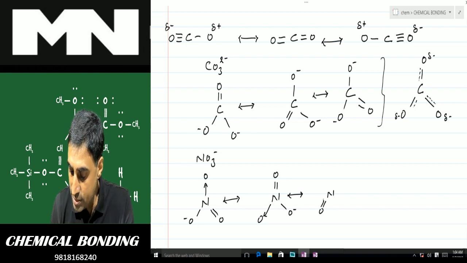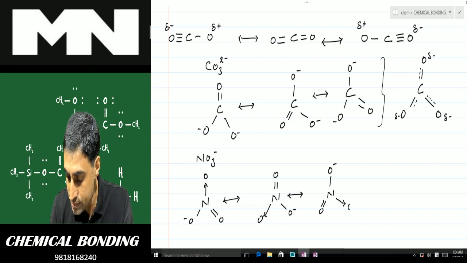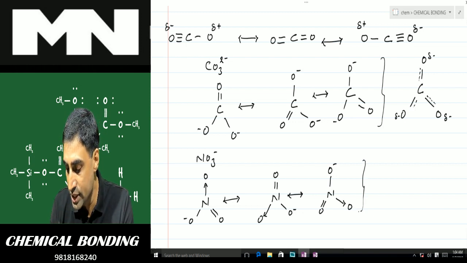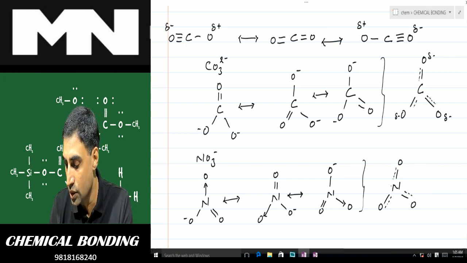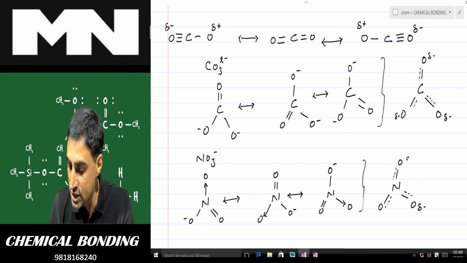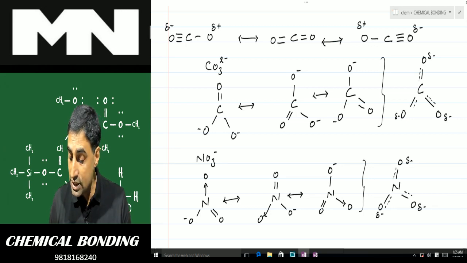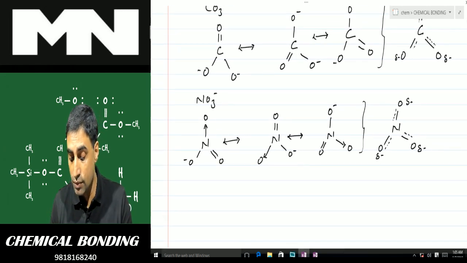When the double bond is coming here, the O negative will come here, and the coordinate bond will come here. These are the three resonating structures. If you want to draw a resonance hybrid structure for this, again you can draw it like this. Electrons are moving, so you can represent them by these dots, partial double bond character. The small negative charge can be represented by delta negative. So these are the resonating structures of nitrate ion.